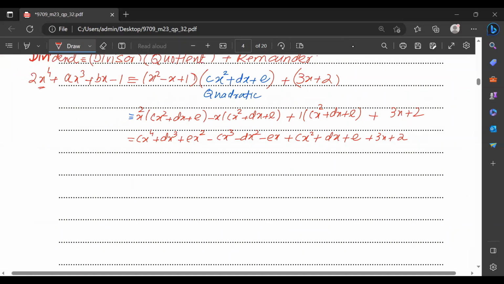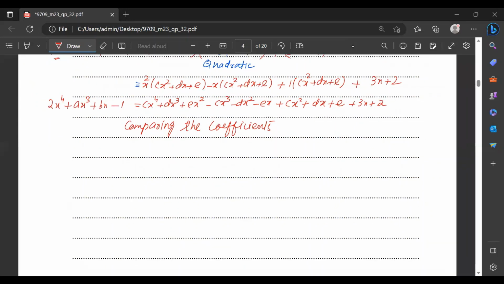The left hand side was 2x^4 + ax^3 + bx - 1. Now comparing the coefficients. Compare x^4 on both sides: 2 is equal to c, the only term in x^4 here.